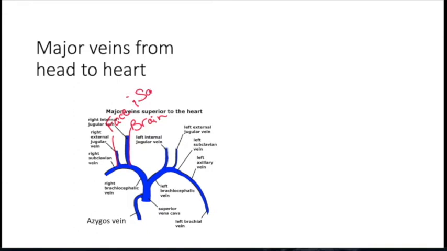On the external, oops, that should be a C. Scalp. And they both converge here on the right subclavian vein, which becomes then the right brachiocephalic vein. Same exact thing on the left side, fortunately. So both sides are the same.